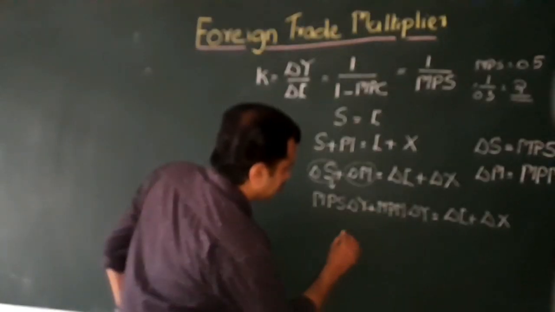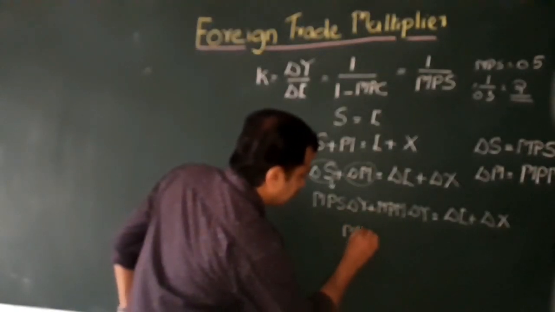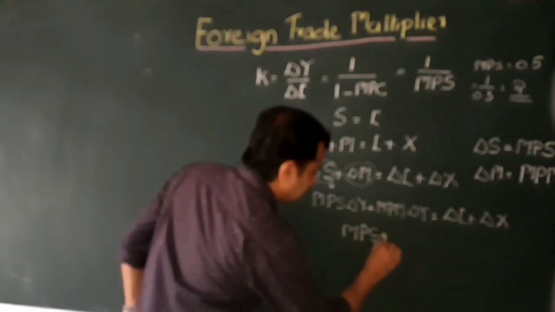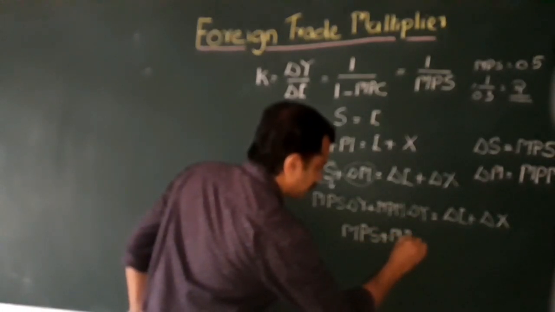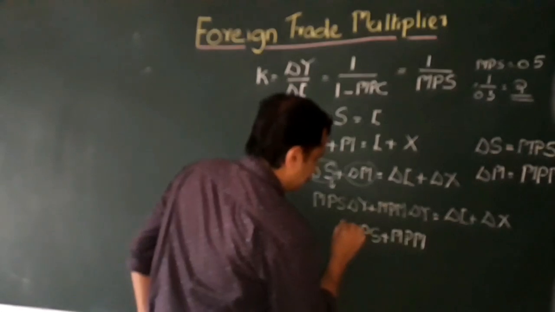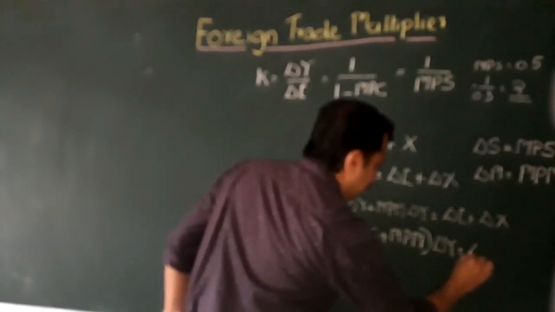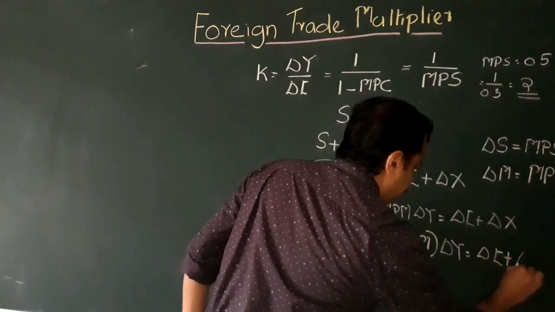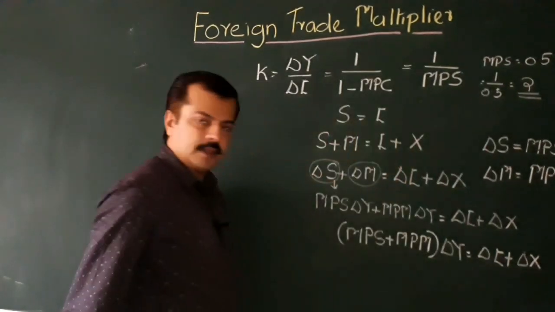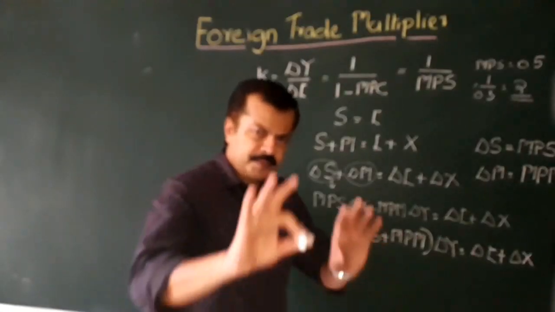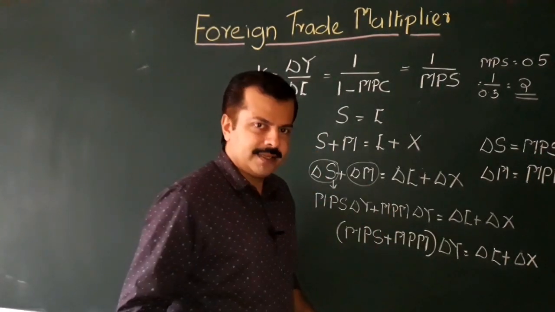Then we will have MPS plus MPM, let us put it in this bracket, into delta Y will be equal to delta I plus delta X. Now, let me make a small adjustment.